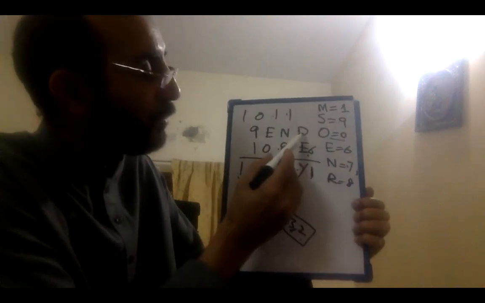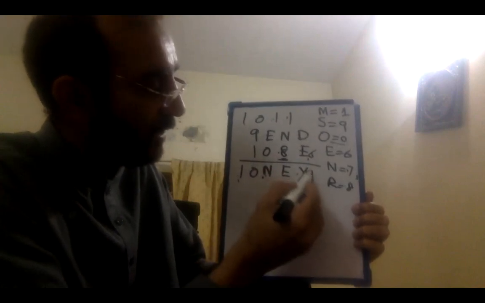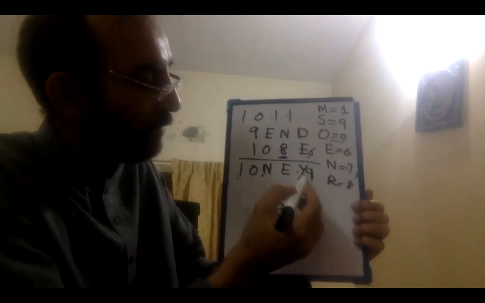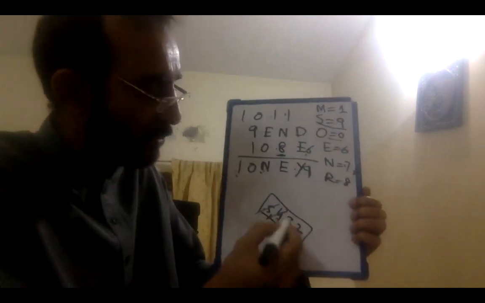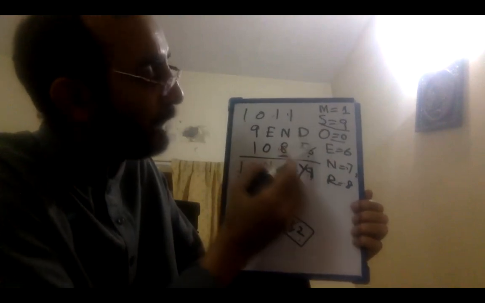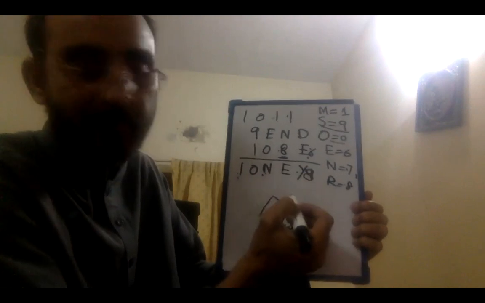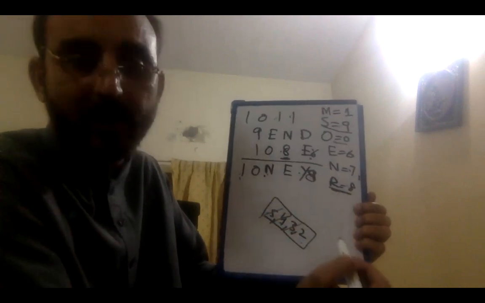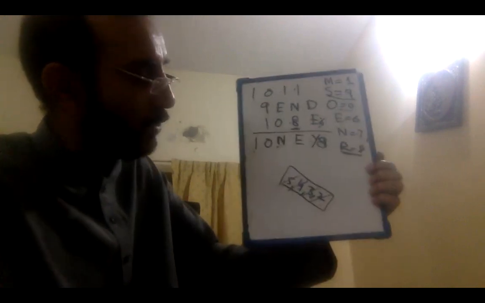3, you can put 3 for D. 3 plus 6 is equal to 9, so you will have the value 9 for Y, which is not good because 9 is already there. So 3 is not a good option. Then you can check 2. 2 plus 6 is 8, so you will have 8 for this Y, which is not good because it is already used. So 2 is also not a good option.